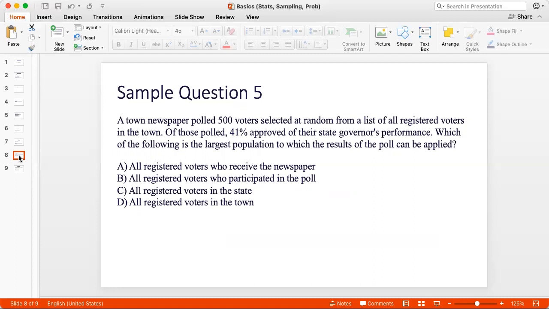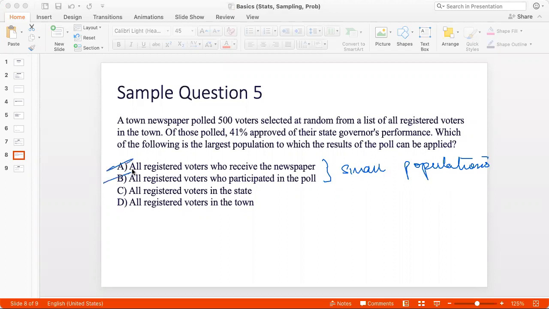So the first two options, A and B, the people who received the newspaper and people who participated in the poll. These are small populations, right? People who participated in the poll is the sample itself. So it doesn't make any sense to have a sample if it can't be applied to the correct population. So these are not correct, A and B, right?